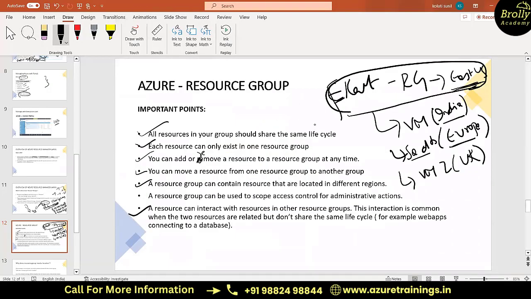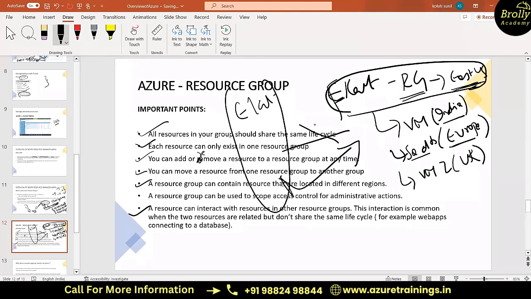And next, a resource can interact with resources in other resource groups. There is no rule that an eCart resource can't communicate with the Flipkart RG. There are chances they can communicate with each other. Now you understand, right?